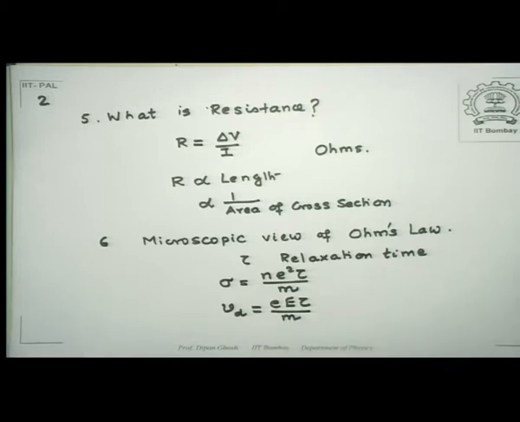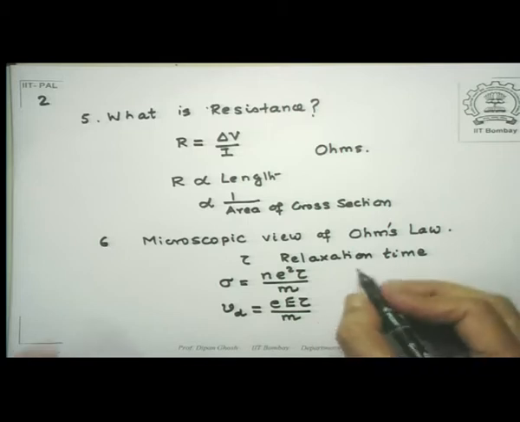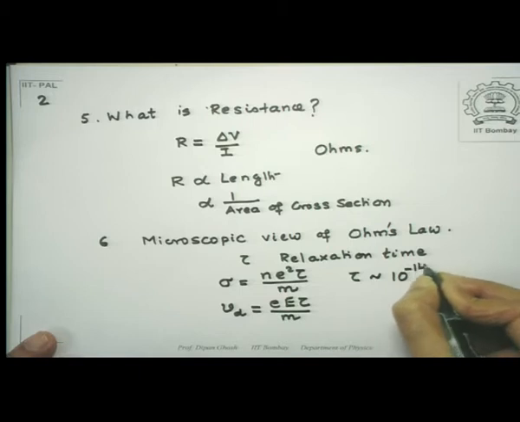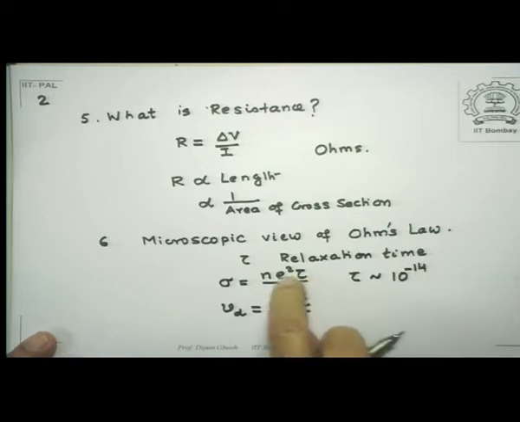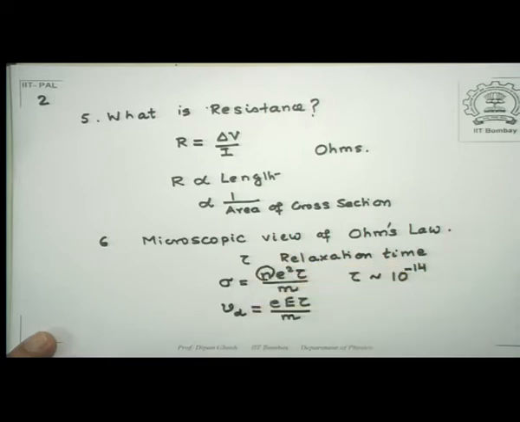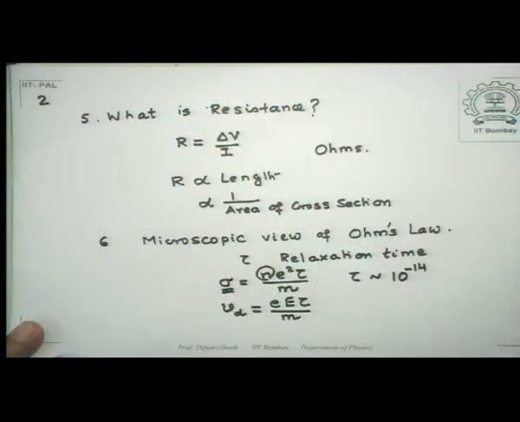So note one thing: in spite of the fact that in a typical metal, tau is of the order of 10 to the power minus 14 to 15 seconds, e is of course a small quantity, but because the number density is large, in typical samples of the order of 10 to the power 28 per meter cube, that explains why sigma is not very small, because Vd is small but N doesn't appear there.